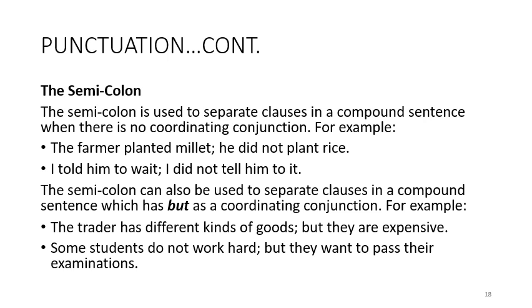A semicolon can also be used to separate clauses in a compound sentence which has but as a coordinating conjunction. The teacher has different kinds of goods; but they are expensive. Some students do not work hard; but they want to pass their examinations. So you notice the difference between example 1 and example 2. In example 1, it is used to separate two clauses in a compound sentence which do not have a coordinating conjunction.